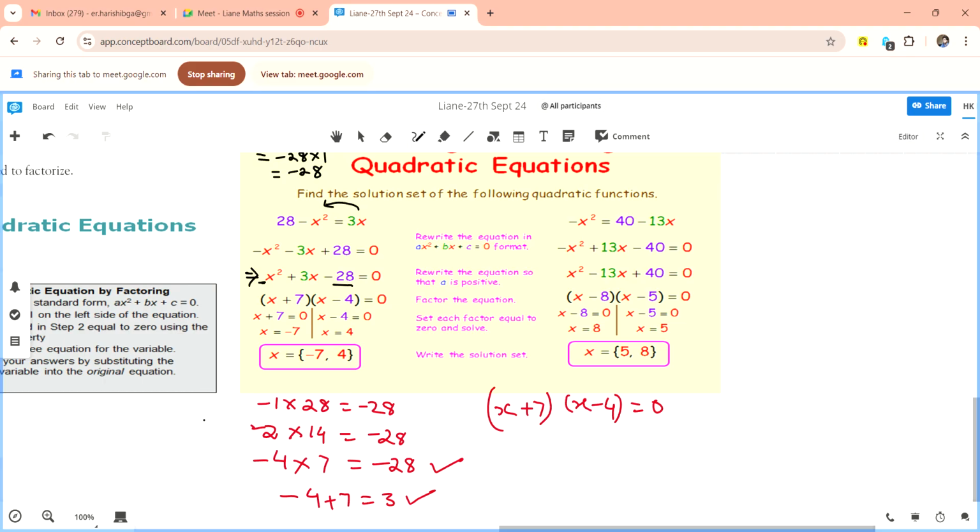So the two factors here we have are x plus 7 and x minus 4, and when I solve them individually for 0, like x plus 7 for 0 and x minus 4 for 0, I'll have my x values, one as minus 7 and the other as 4. Are you getting this? Yes.